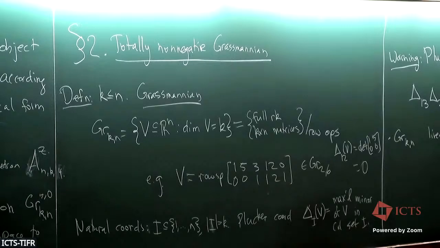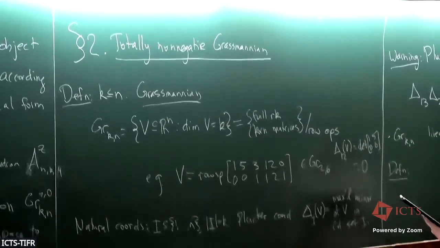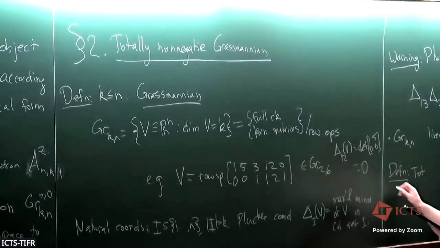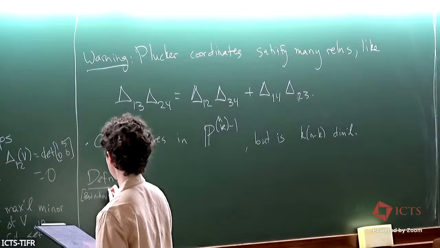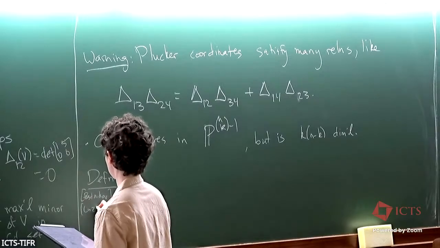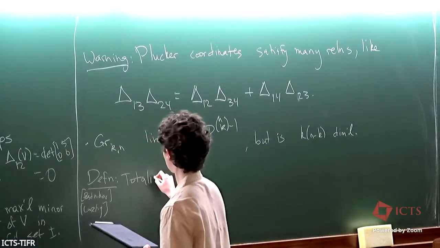Okay, forging ahead. We don't care about the entire Grassmannian in this story. We care about a distinguished subset called the totally non-negative Grassmannian. I should say this definition is due to Postnikov and separately to Lusztig.